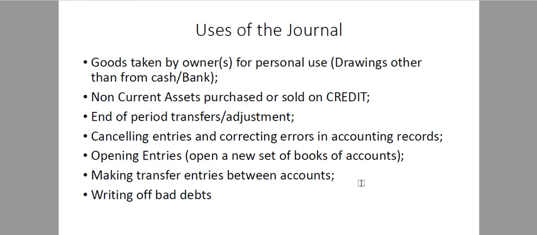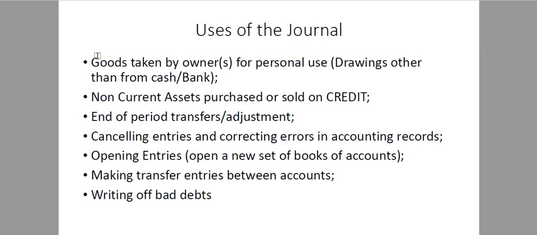So we'll just give you a kind of feel of this journal and how it looks like, and we will not really try to exhaust all the transactions that may fit in this journal. So this is a kind of representative list.